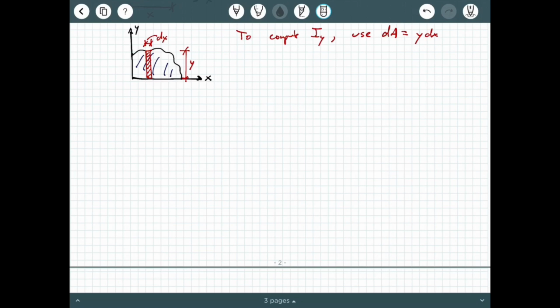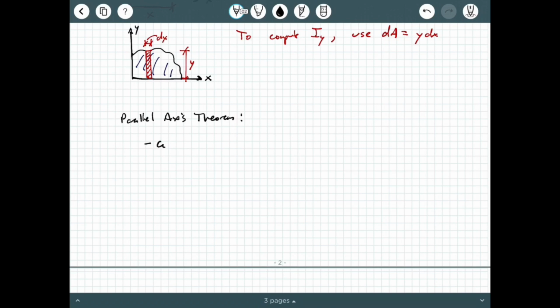The next thing we're going to talk about in this video is what's called the parallel axis theorem. So what this allows us to do is the following. We can apply the parallel axis theorem to compute the moment of inertia about any axis that is parallel to the centroidal axis.